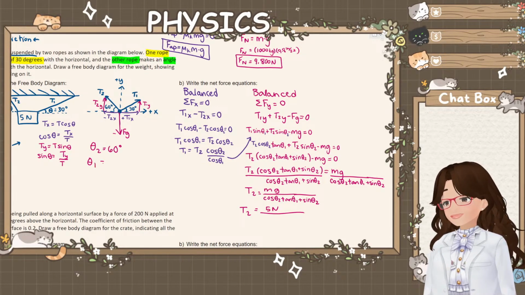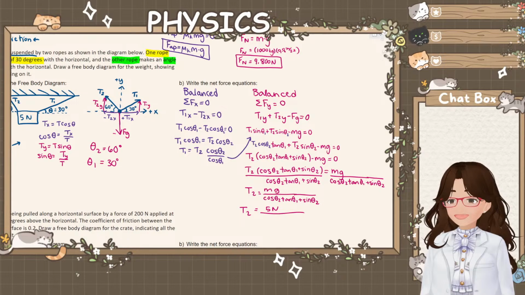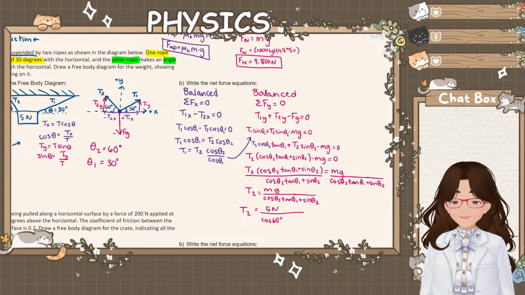And theta 1 is 30 degrees. Okay, just for reference. So cosine of 60 times tangent of 30 degrees plus sine of 60 degrees.